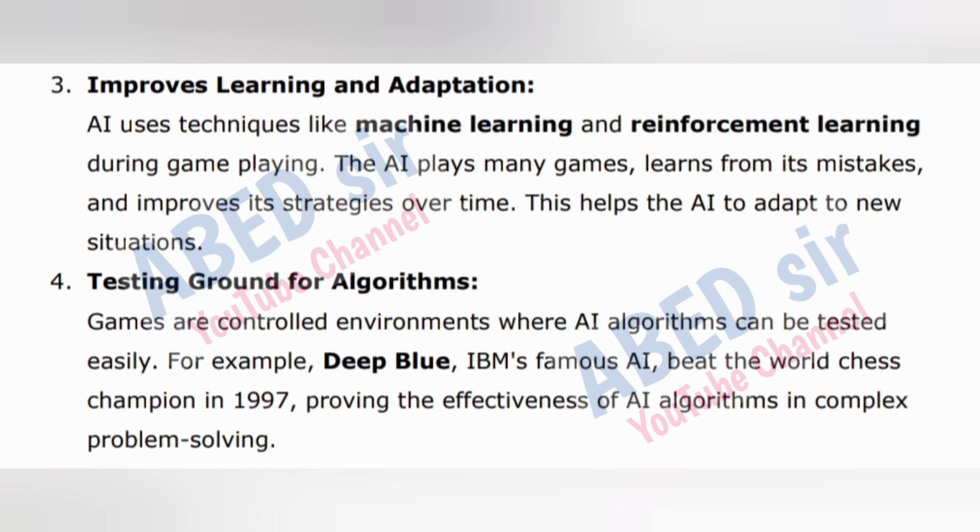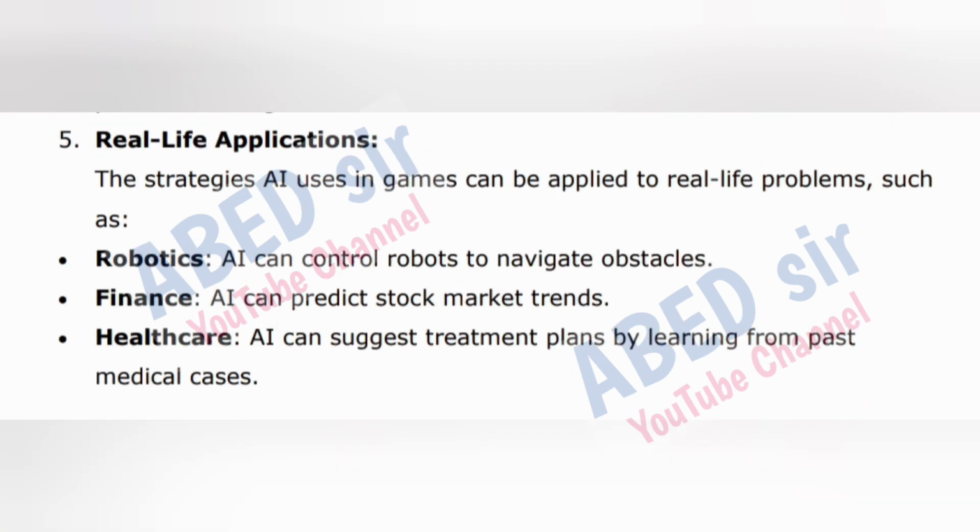Testing ground for algorithms. Games are controlled environments where AI algorithms can be tested easily. For example, Deep Blue, IBM's famous AI, beat the world chess champion in 1997, proving the effectiveness of AI algorithms in complex problem solving.